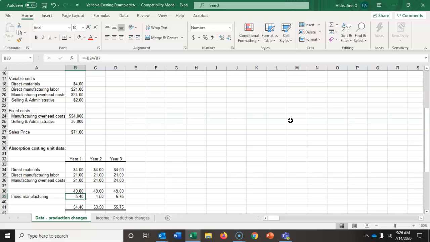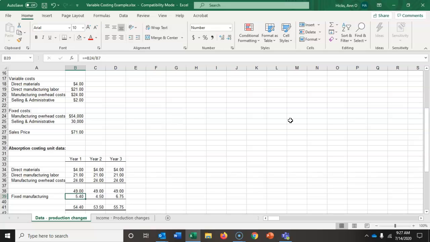Now, here's where absorption costing gets a little tricky on the fixed costs, because the fixed manufacturing overhead is a lump sum irrespective of the number of units that are produced, albeit within the relevant range, remember. And for our purposes here, we're going to assume that we're staying within the relevant range. But in order to assign or allocate that fixed overhead to the unit, we're going to have to create a per unit cost.